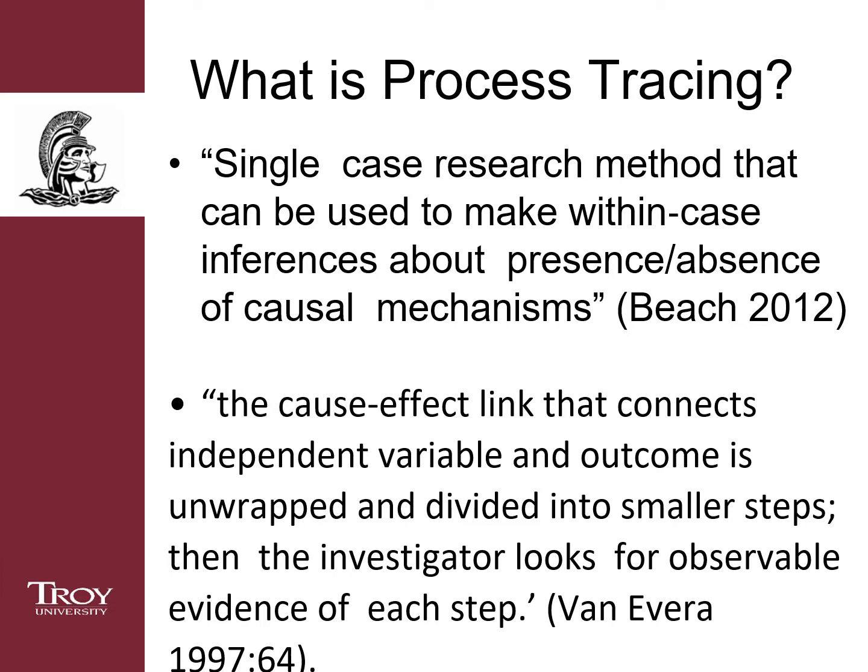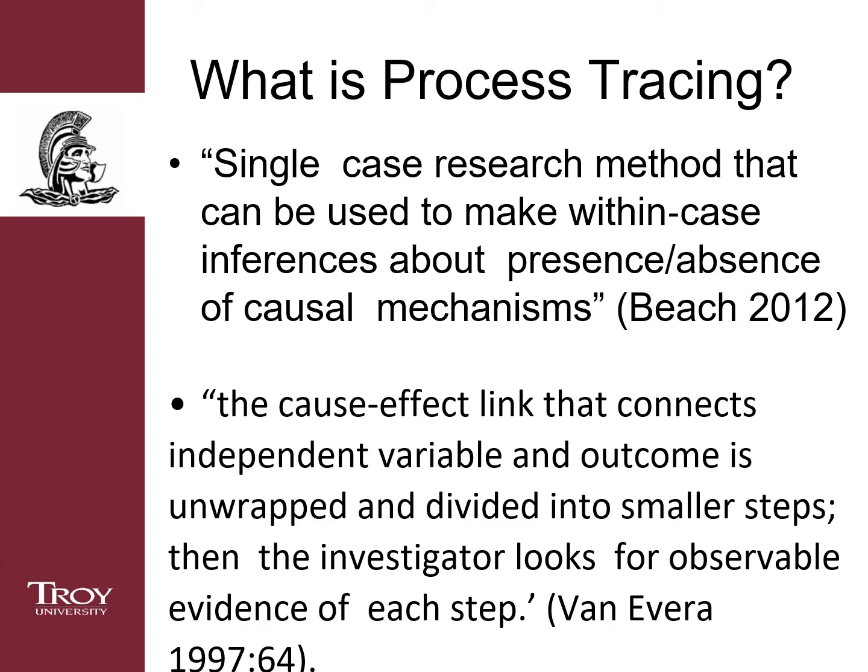Not elegantly, I'll admit, but the idea is you've got a theory that has an independent variable, often called an explanatory variable, and there's an outcome that we often call the dependent variable. And you unwrap it, unpacking. You're basically saying, okay, what are the parts? In dividing it into steps, and then you look for observable evidence of each step. Basically, that's in a nutshell what it is about.